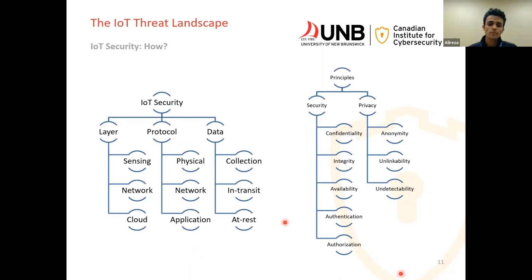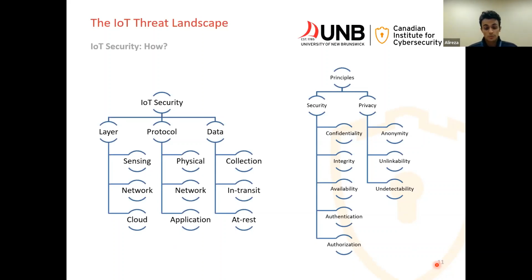So there are some principles on all of these aspects, layers, protocols, and data that we need to take care of. For security, we need to take care of confidentiality by using lightweight and secure encryption algorithms. We need integrity. Some of these devices and protocols don't have replay protection or integrity protection mechanisms very well.